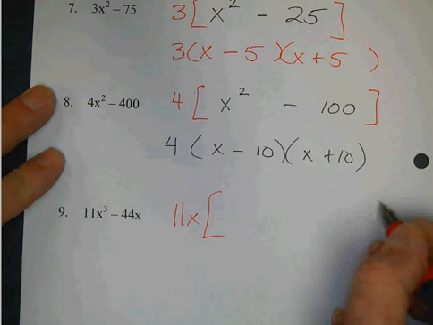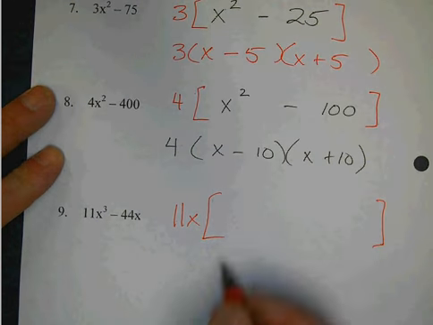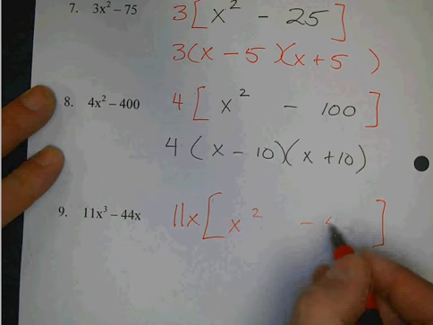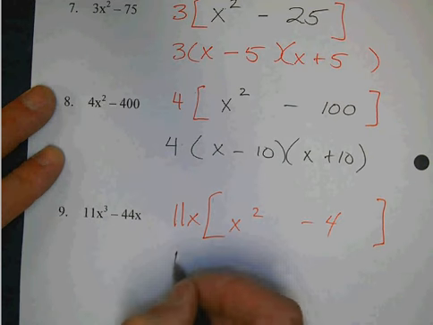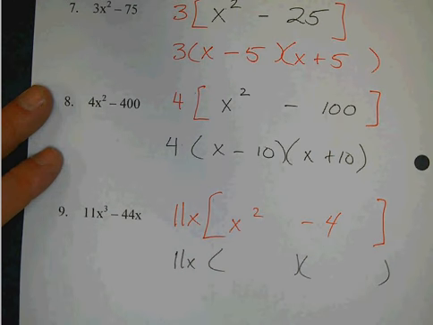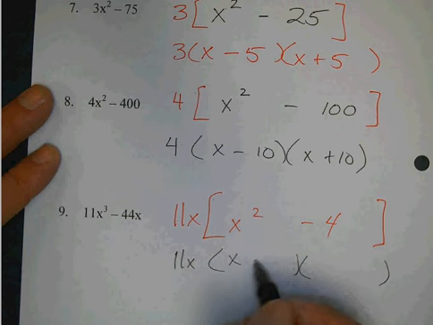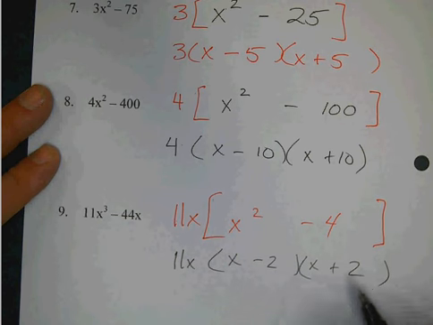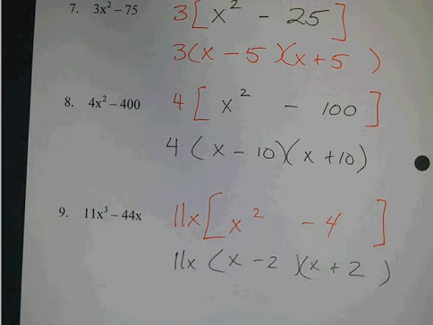Sydney, what's left after you take out the 11x? X squared minus 4. Right. So our final answer, 11x. And Drew, we're going to come back to you. X minus 2. Good. You got it this time. All right, that makes sense? So, think for GCFs. Are they always going to be there? Not always.